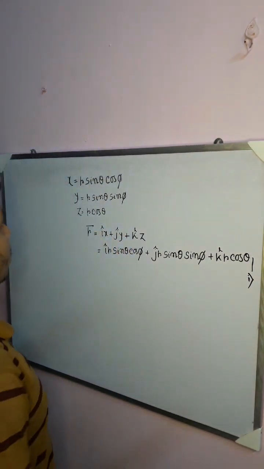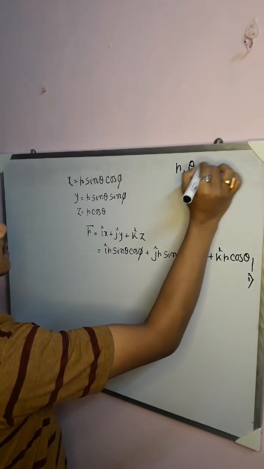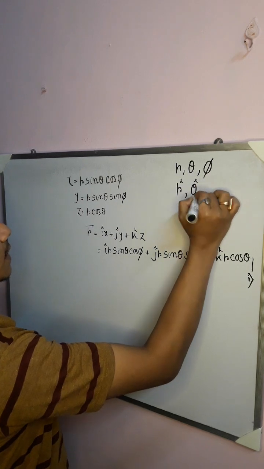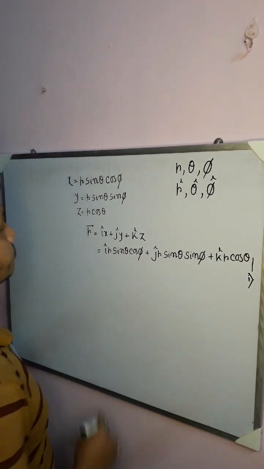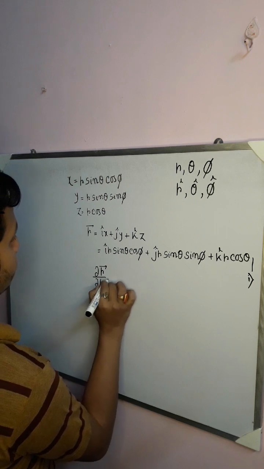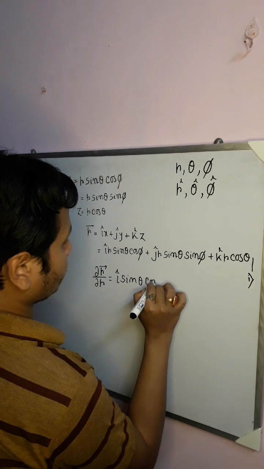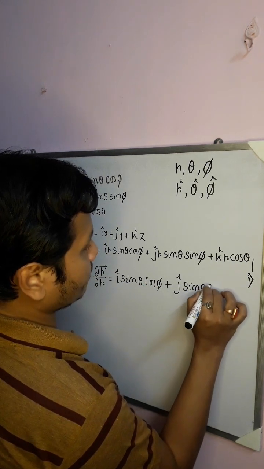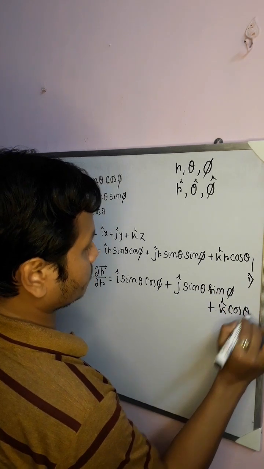Now here the variables are r, theta and phi. That means there are 3 unit vectors: r cap, theta cap, phi cap. So what will be my del r by del r? This is simply i cap sin theta cos phi plus j cap sin theta sin phi plus k cap cos theta.